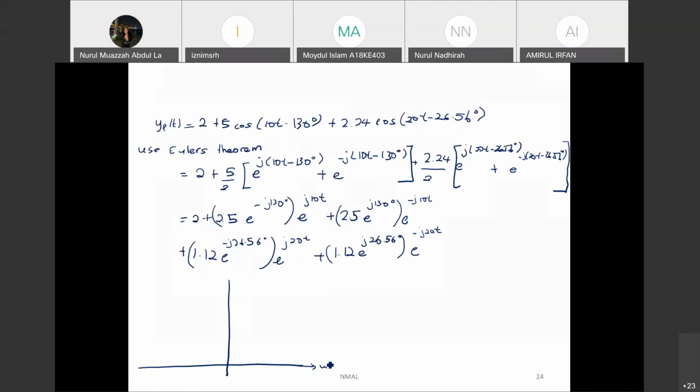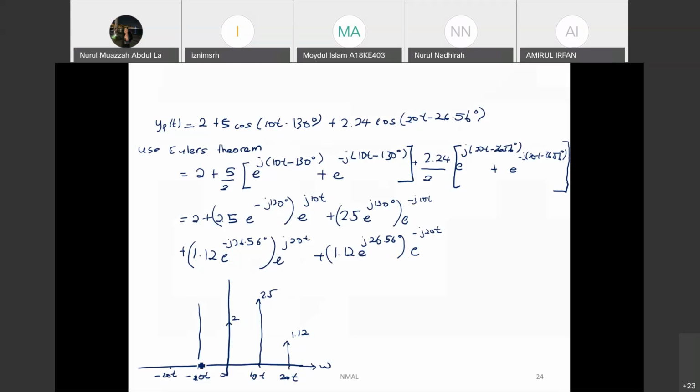So we have omega from 10, 20, 0, negative 10, negative 20. Okay, for 0 omega, the magnitude here is 2. For 10, the magnitude here is 2.5. And for 20 is 1.12.